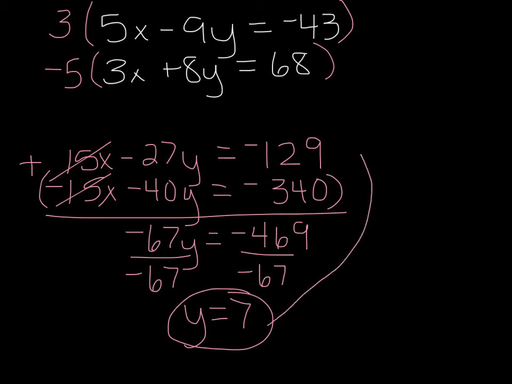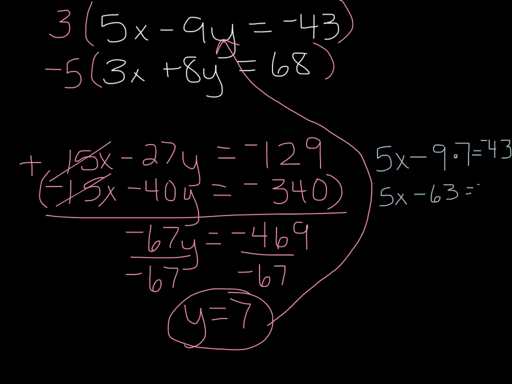Okay, so we're going to take that y to be 7 and plug it back in right here for the y. You don't need to use the equation with the bigger numbers. Just use 5x minus 9y equals -43. So we have 5x minus 9 times 7 equals -43. 5x minus 9 times 7 is 63 equals -43.